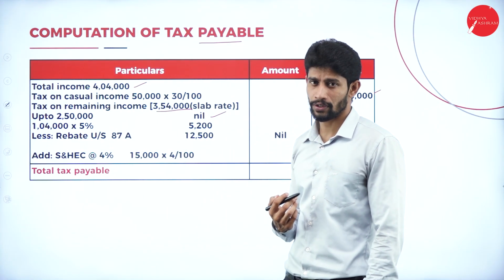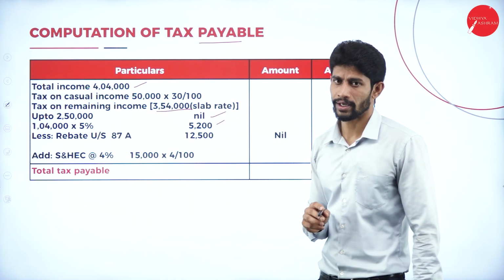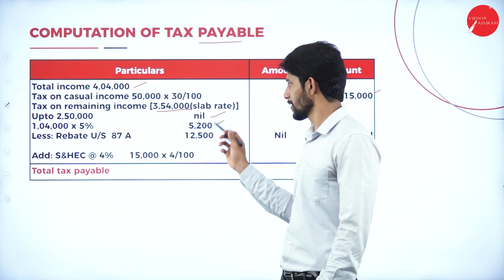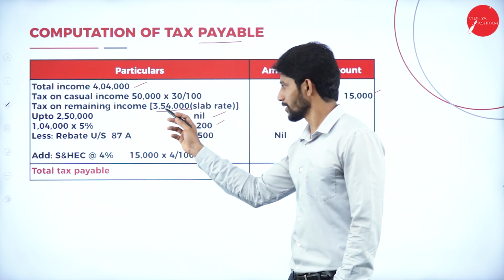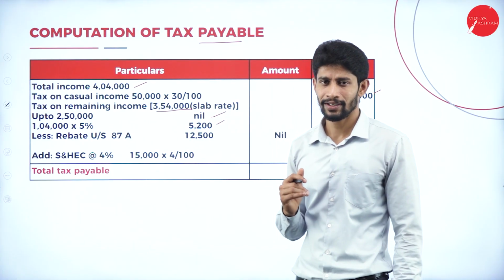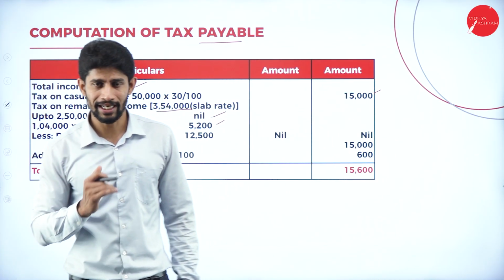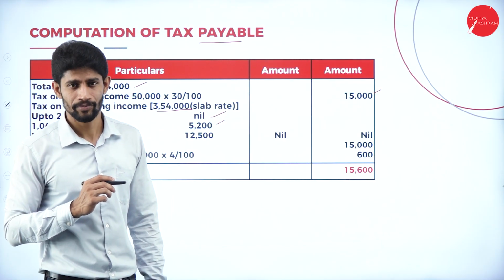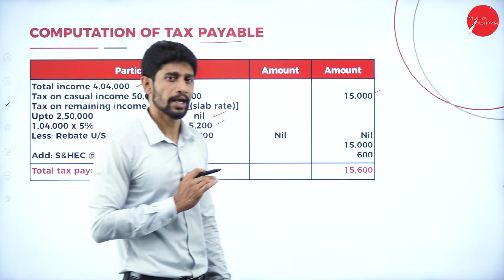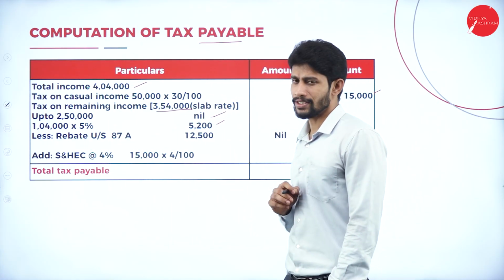On 1,04,000 apply 5%. You will get 5,200. You have to keep in mind that the income is less than 5,00,000. When the income is less than 5,00,000, you are supposed to give the rebate under section 87A of rupees 12,500.